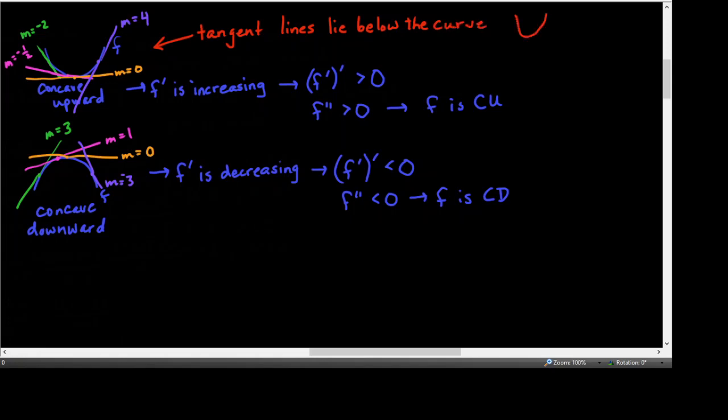Like this one right here is below the curve. All of its y values, except for the point where they intersect, have lower y values than the curve y values.